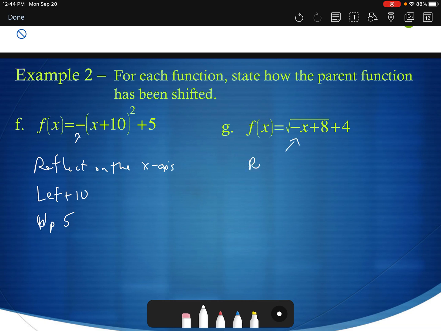Here, all we're doing is negating the x. So this is going to be reflected on the y-axis, left 8, because it's within the function itself right here. The function is square root, the parent function, and then up 4.